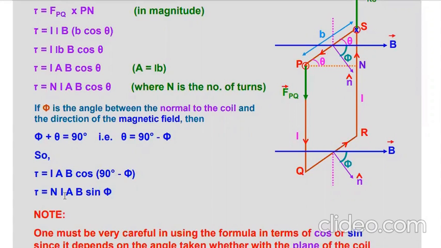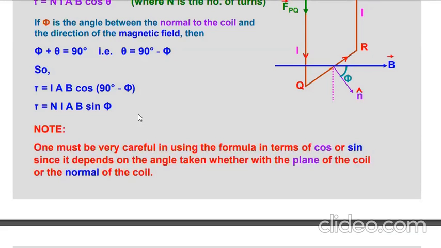So now we can write here I into A equal to the magnetic dipole moment. So here I into A is M, and N into I into A is the net magnetic moment. So then we can write tau equal to M cross B. Now try to understand first.